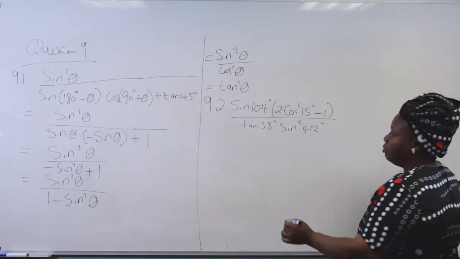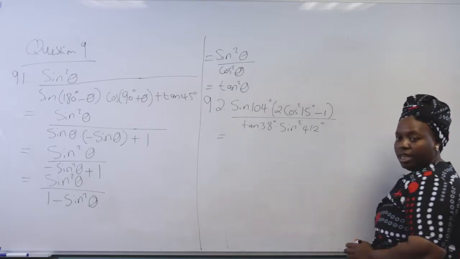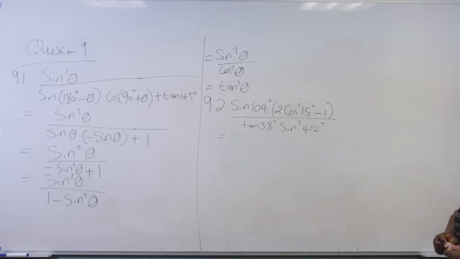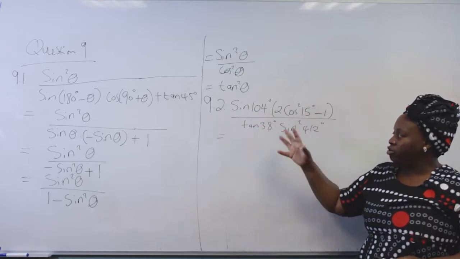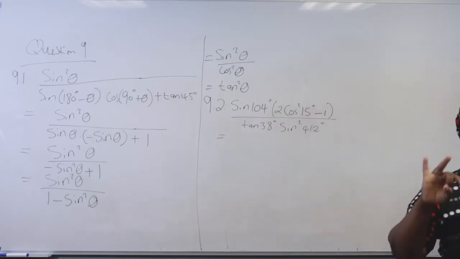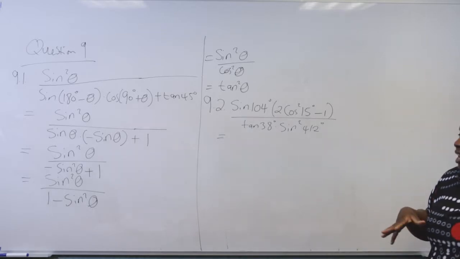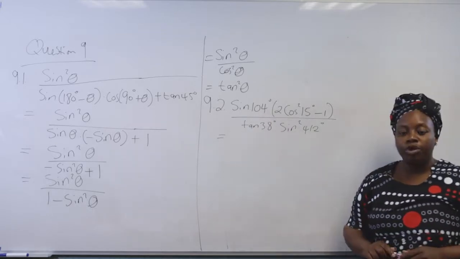So you need to simplify. First, you must do the reducing. Reduction formulas are very important. Look at this. What numbers can you put? Remember when we reduce, we use 360 and 180. So can we say 180 minus something and end up with 104?